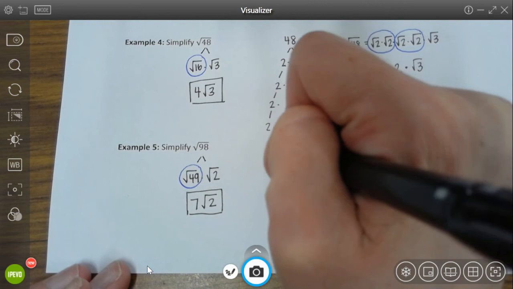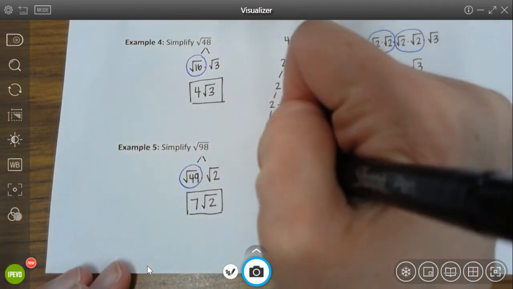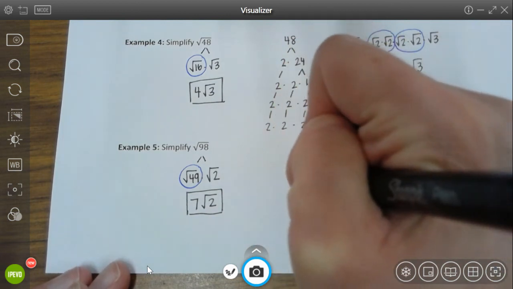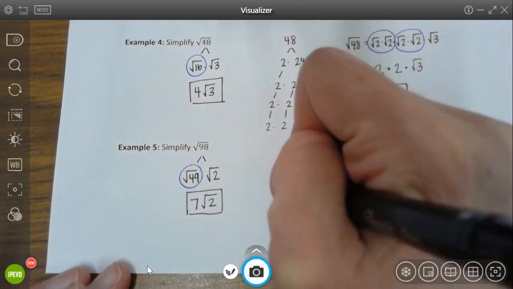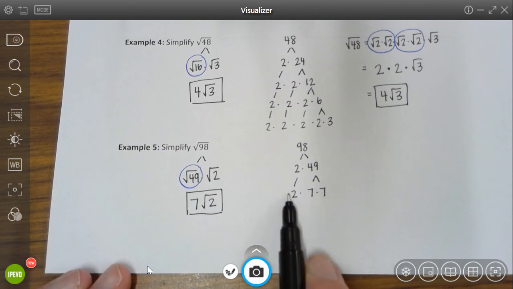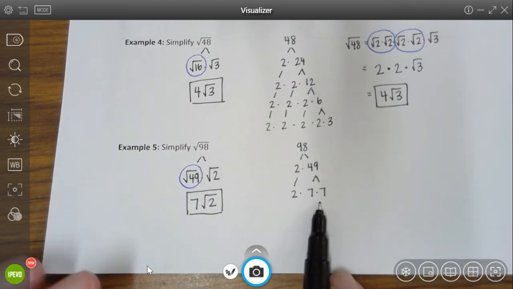If I want to go my factor tree way, well, if I divide 98 by 2, that's going to give me 49. And I know that I can break down 49 into 7 times 7. And these are actually going to be the smallest numbers that I can get in my factor tree because I can't divide any of them by numbers other than themselves or 1.